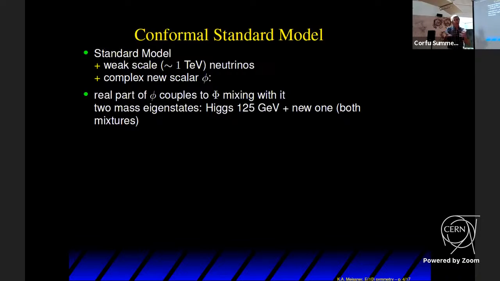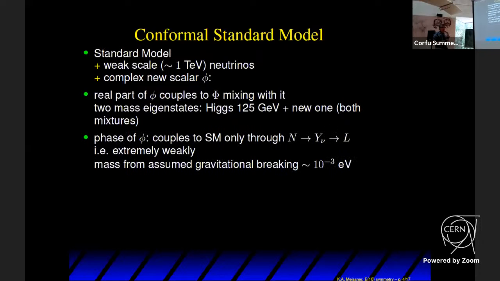There should be another orthogonal combination that would be mostly the new one and a little bit of the doublet, and that's the way both are mixtures. When the mixing angle is given, we can predict the mass. We don't have the mass of the new one, but we are waiting for the new Higgs-like particle, very narrow, because the mixture of doublet is very small.